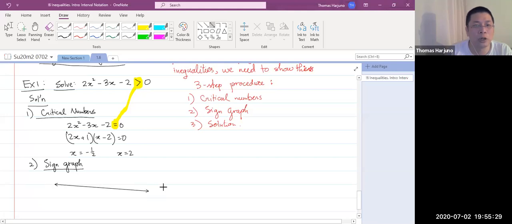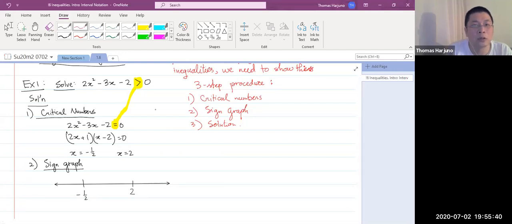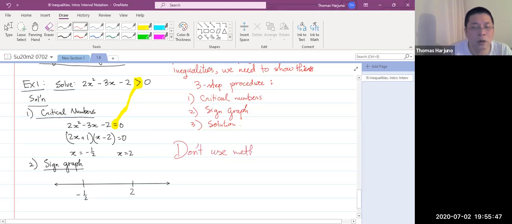You draw the number line, and you place the critical numbers. Negative 1/2 is of course to the left of 2. Don't use the method in our textbook. The method in our textbook basically follows this 3-step procedure, but when they do the sign graph, they do it way too long.